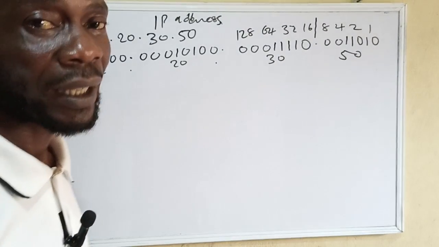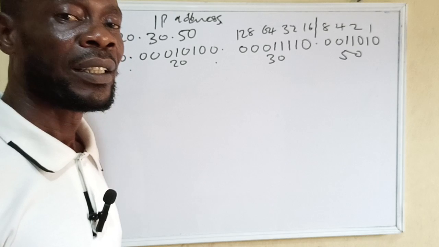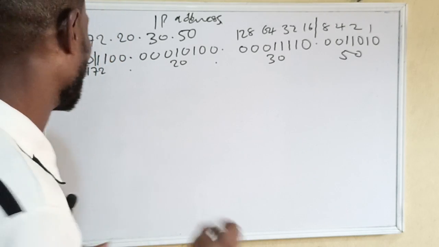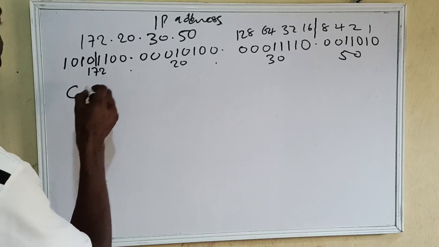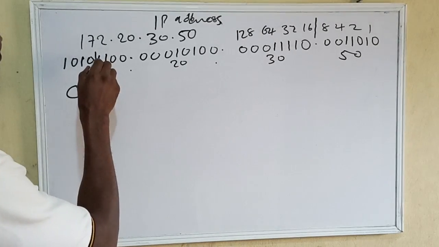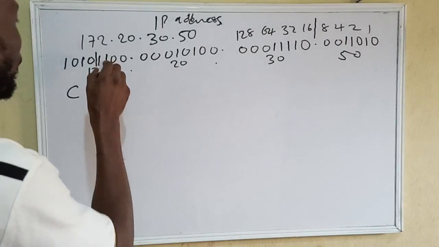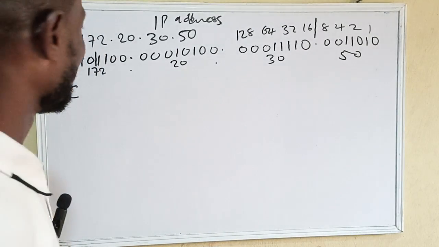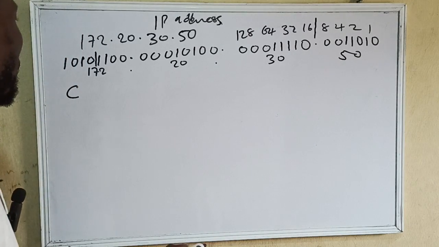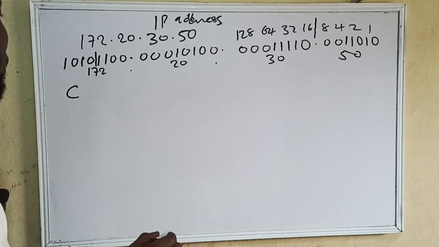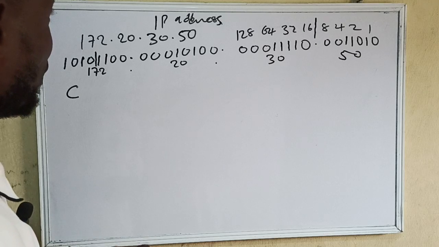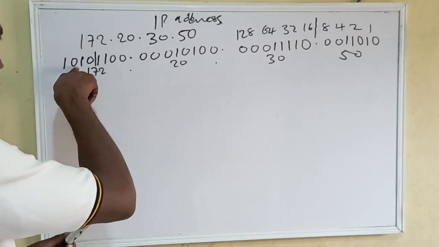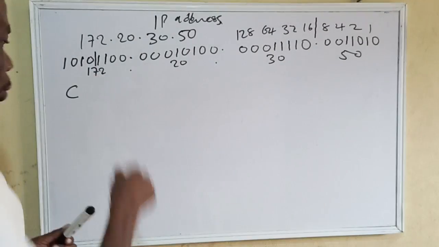What is 12 in hexadecimal? 10 is A, 11 is B, and 12 is C. No, I'm wrong, sorry. This is 8, this is 4, and this is 2. 8 plus 2 is 10.